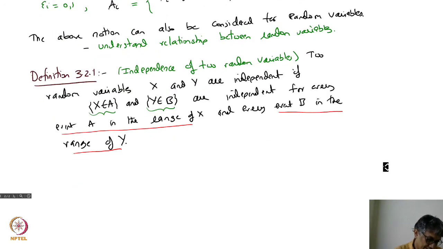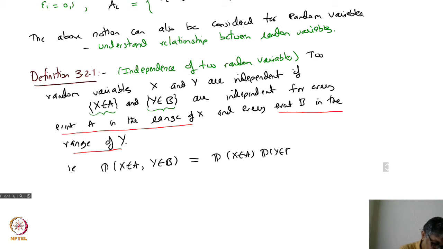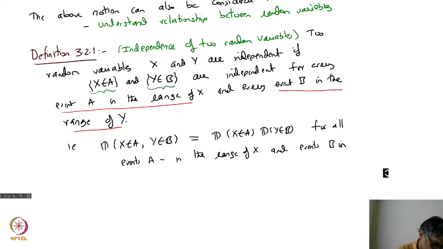Equivalently, you check that the probability of X in A and Y in B splits up as the probability of X in A times the probability of Y in B, for all events A in the range of X and events B in the range of Y. That's the idea.